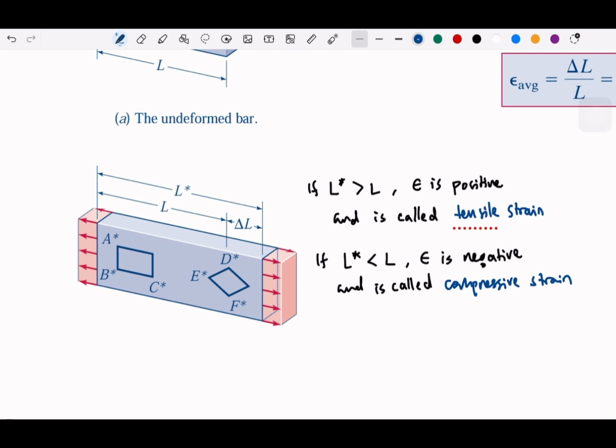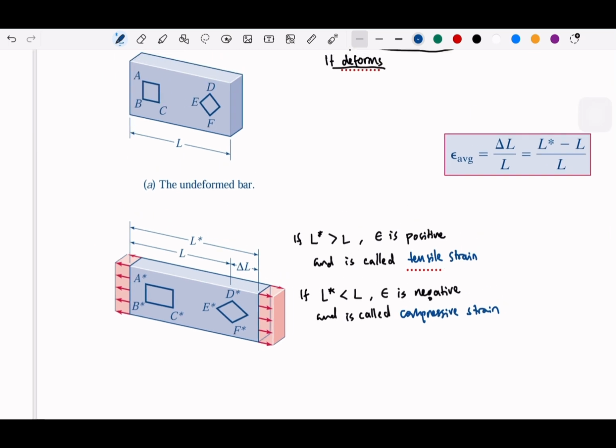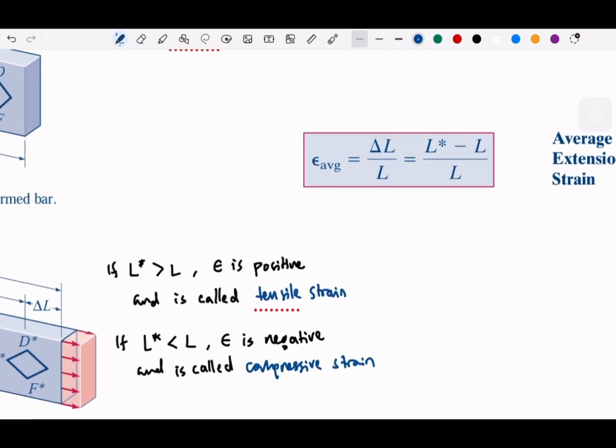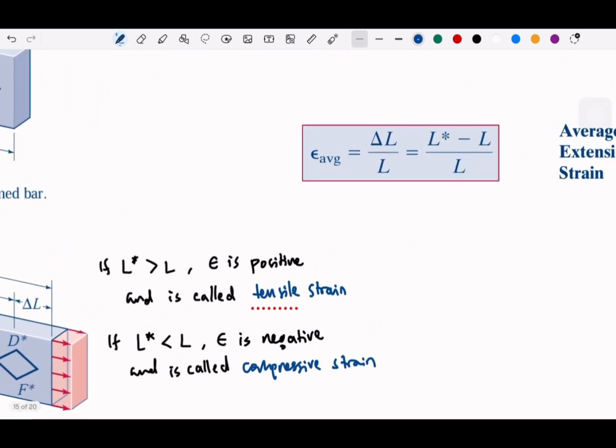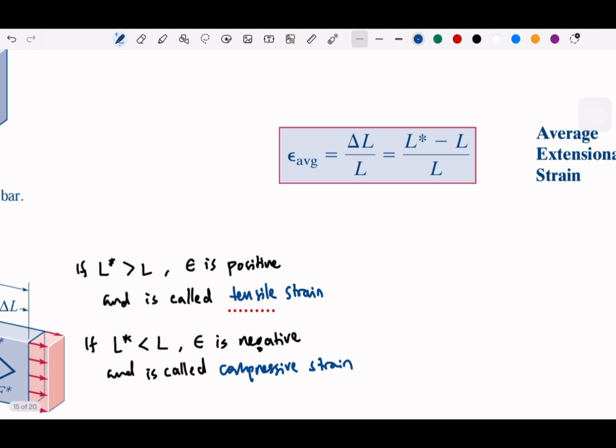Okay, so we can say it's meter over meter, millimeter over millimeter, or inch over inch if we use the British standard. The strain itself, based on the picture, is the delta L divided by the original L. Okay, I think that's quite okay here.